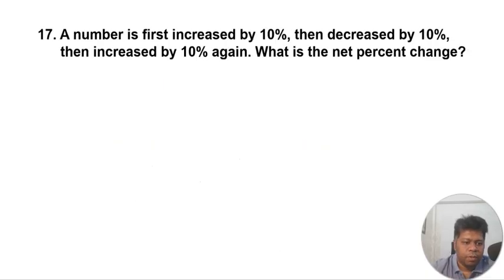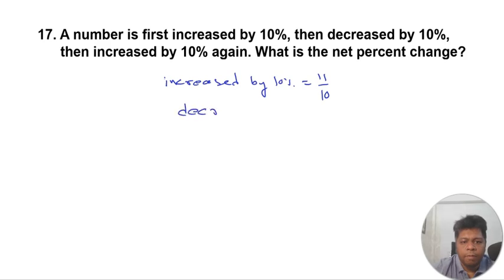Okay, next go to the next question. A number is first increased by 10%, then decreased by 10%, and then increased again by 10%. So the quickies you remember: increase 10% will be always 11 by 10, and decrease 10% will be 9 by 10, and the third one is again increase, so 11 by 10.